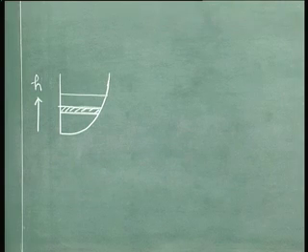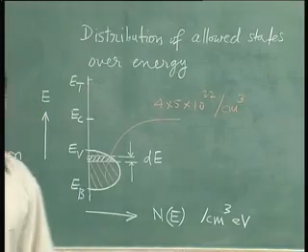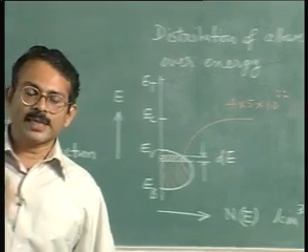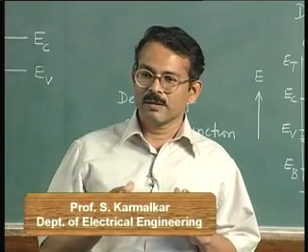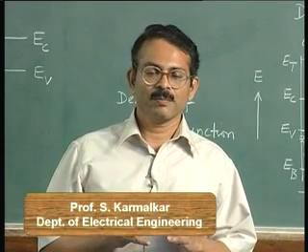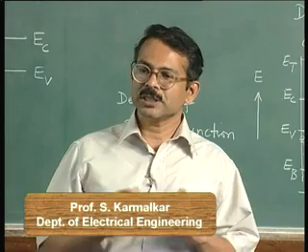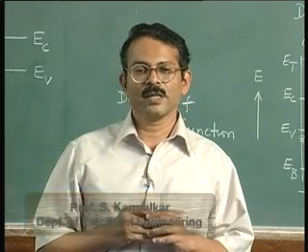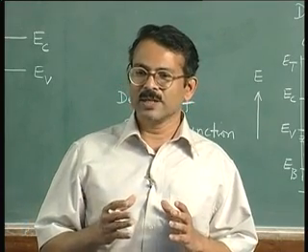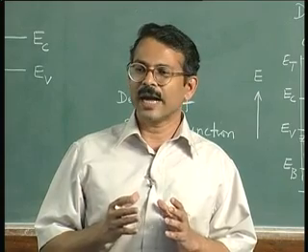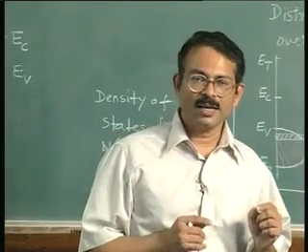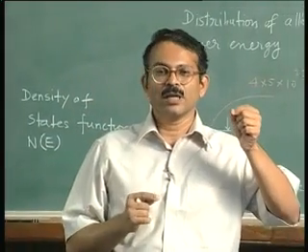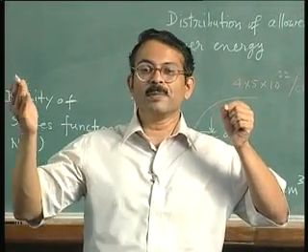It makes no sense because the states are distributed over energy. This is the approach that is adopted normally when we have a large number of states to deal with, or a large population. Supposing you have millions of people and you want to talk about their height distribution, then it will be very difficult for you to tell at a given height h how many people have exactly height h.